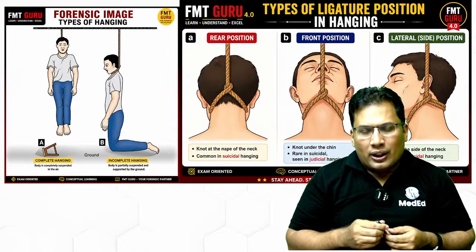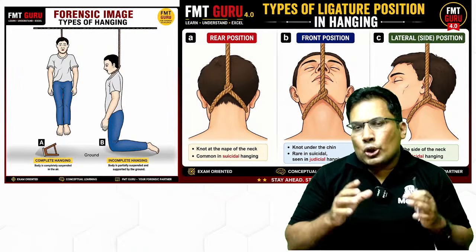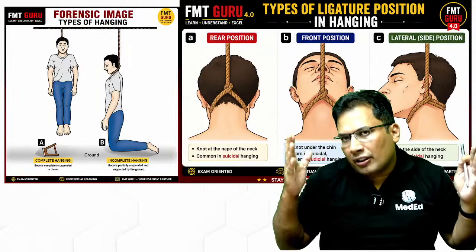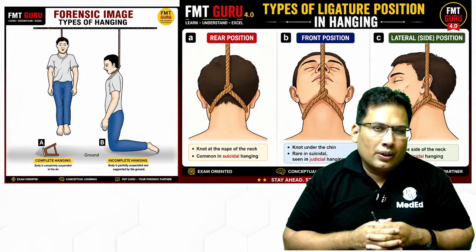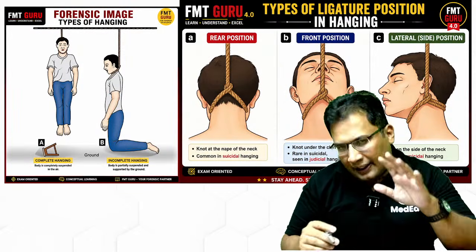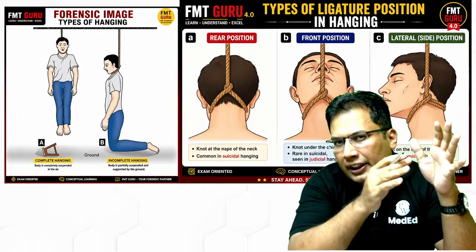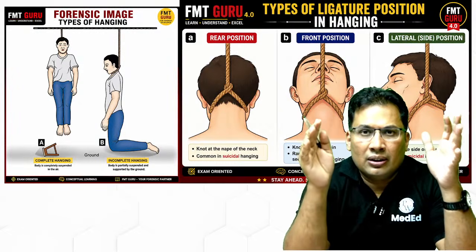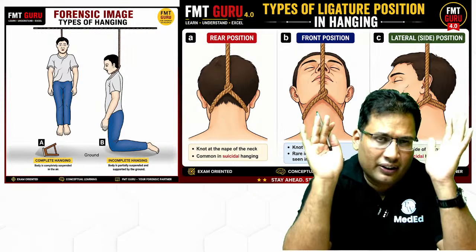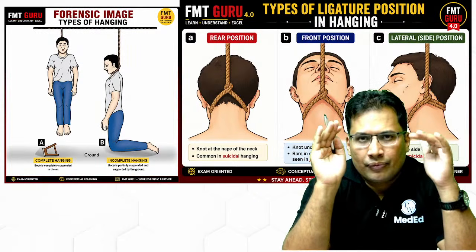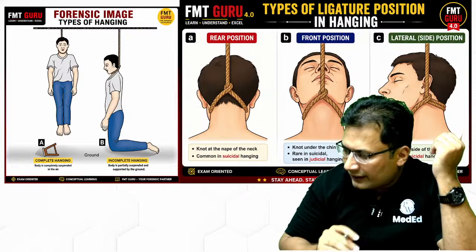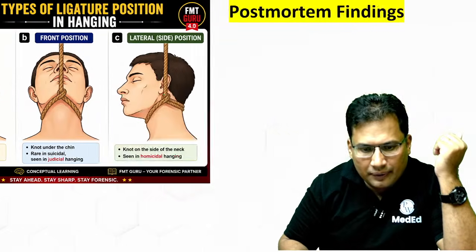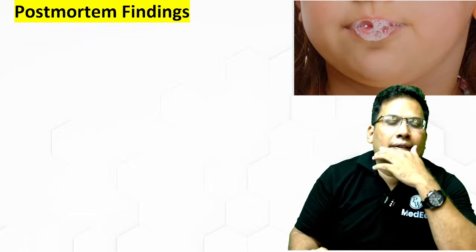So the next important topic is postmortem findings. So what are the postmortem findings in case of hanging? So postmortem findings in exam, you need to write external finding, internal finding, cause of death and manner of death. Okay. Yes. So, chalo, Ranjan. Postmortem findings.